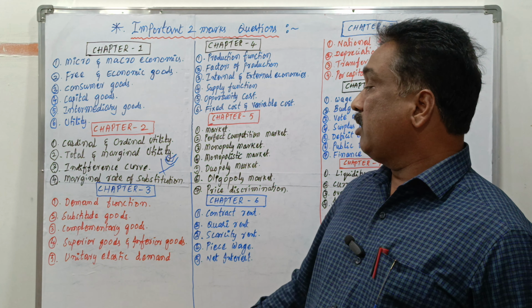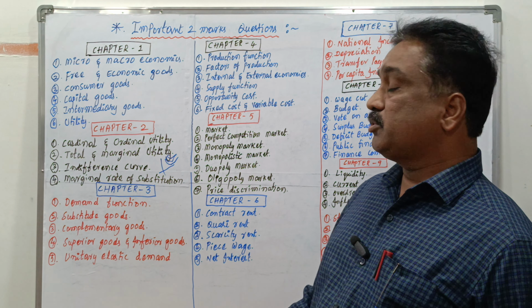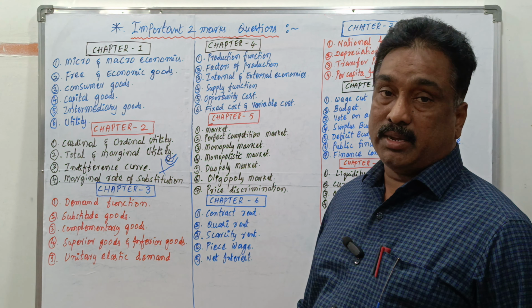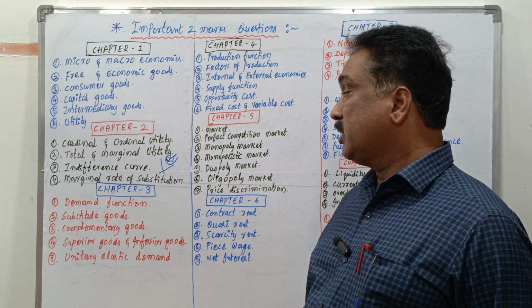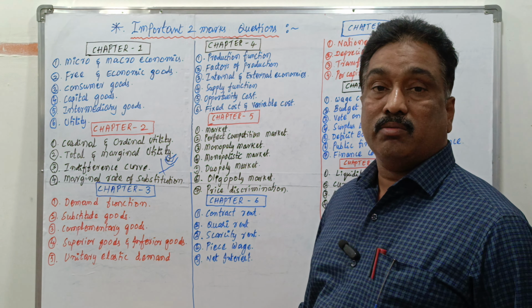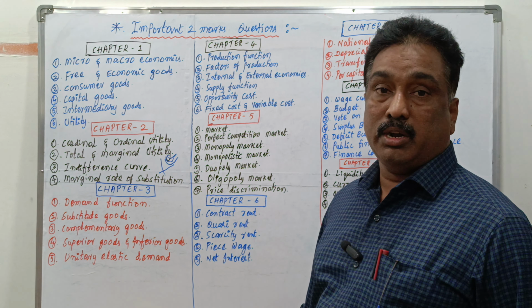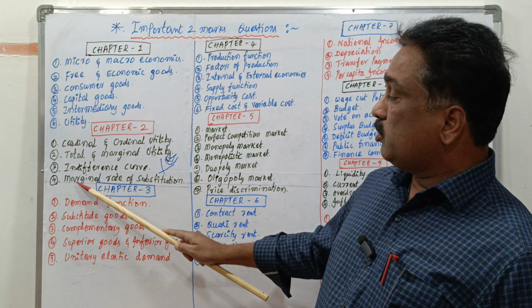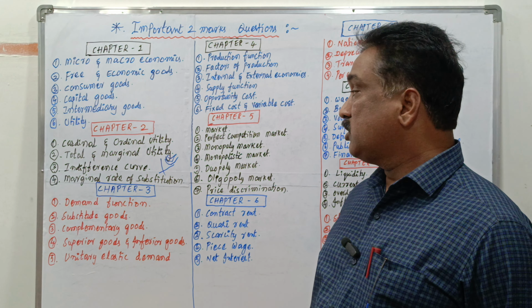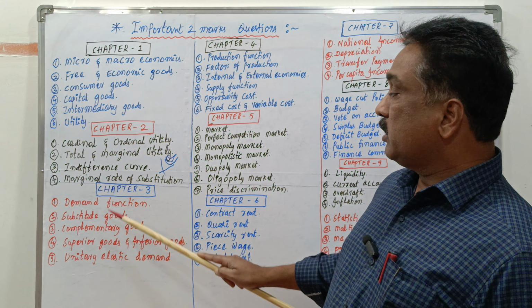And what is the marginal rate of substitution, MRS? Already I told you. The rate at which the consumer exchanges one commodity for another commodity is called the marginal rate of substitution. These are the important questions from chapter 2.